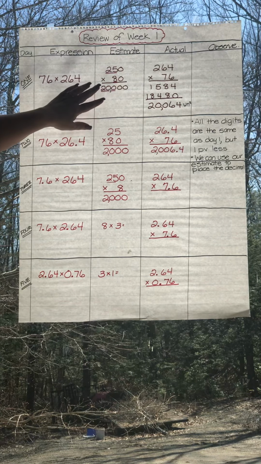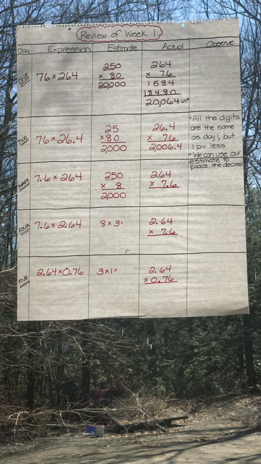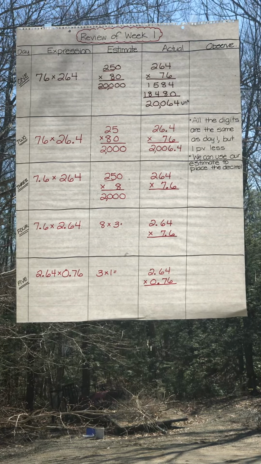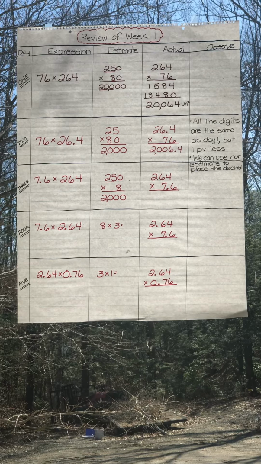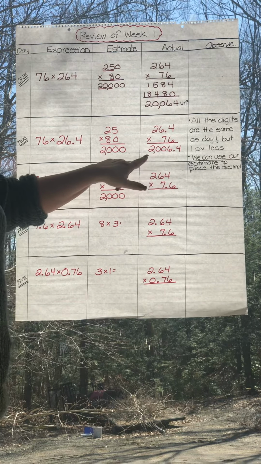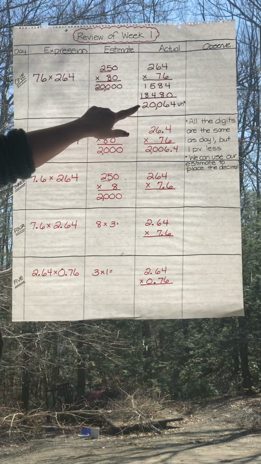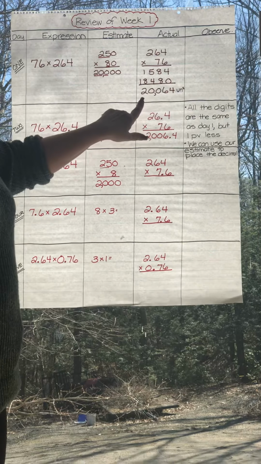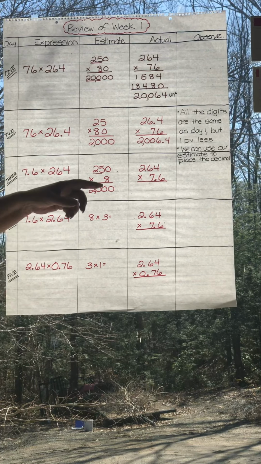This was 20,000 and now it's 2,000. And then when you did the actual multiplication, we realized that the product had to be 1 place value less than this. The actual answer here was 20,064.